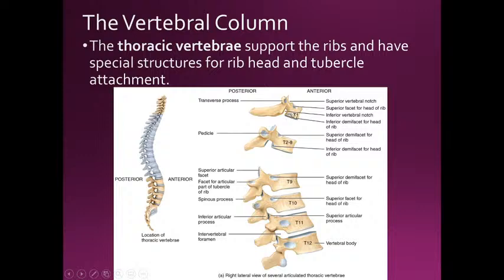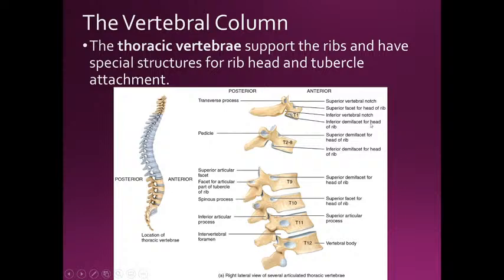These are two halves that come together to make a whole. It will articulate with this whole facet between T1 and T2. It'll also articulate, that is rib 2, with the transverse process, this facet for T2.